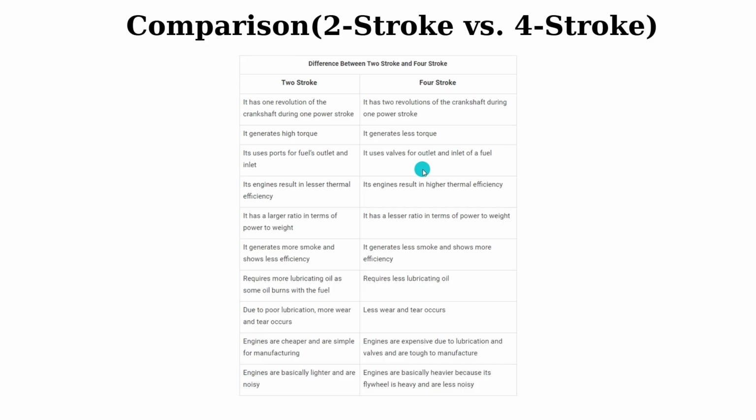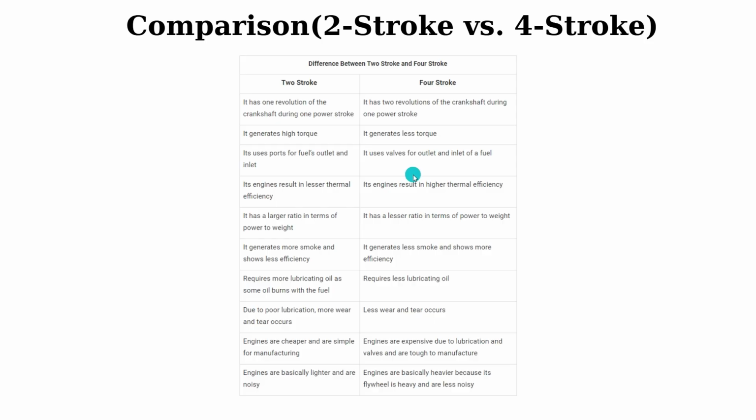Now power output. A two-stroke engine produces power in every cycle. This means that for every rotation of the crankshaft, power is generated. Because of this, two-stroke engines can produce more power compared to their size.